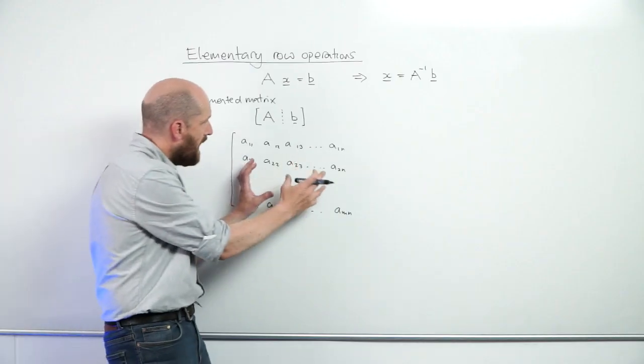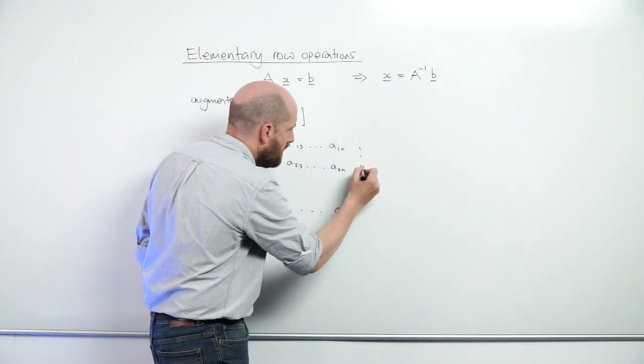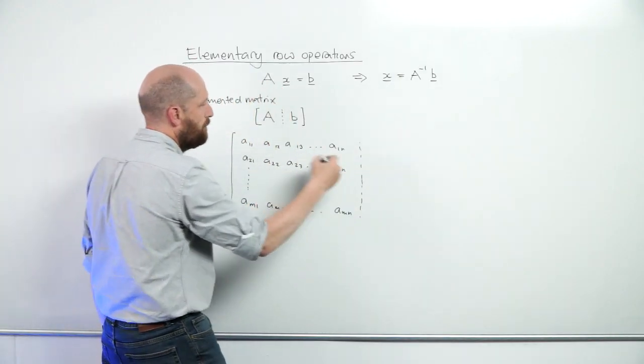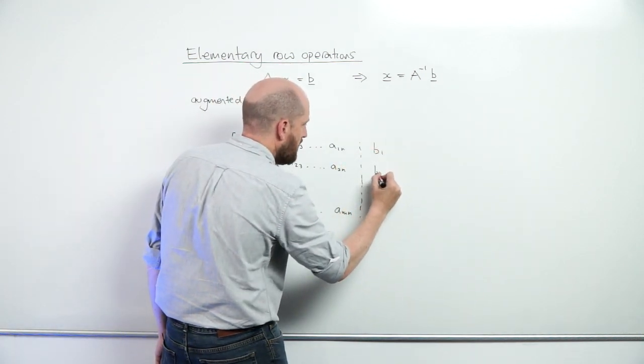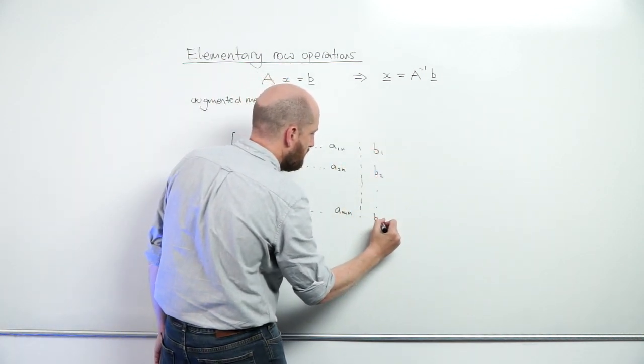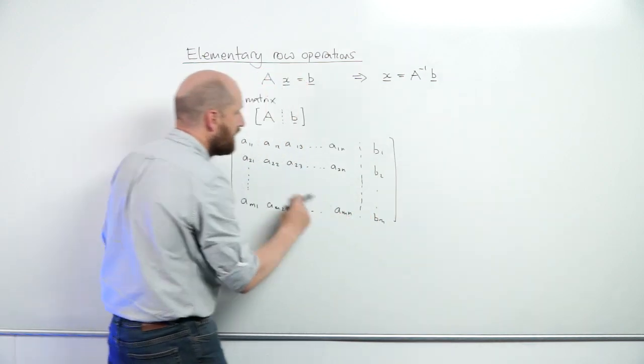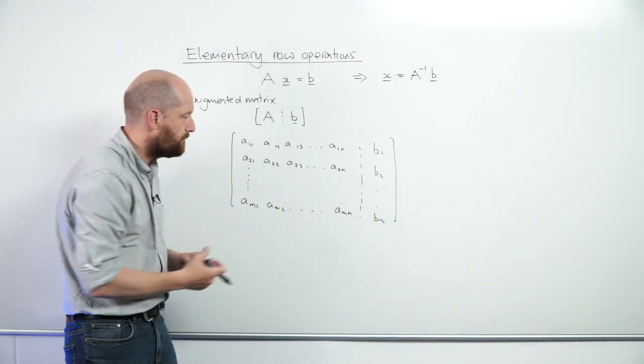So that's our matrix A, and this is now augmented with the elements of B, B1, B2, all the way down to Bm. And we effectively think of this now as a single matrix.